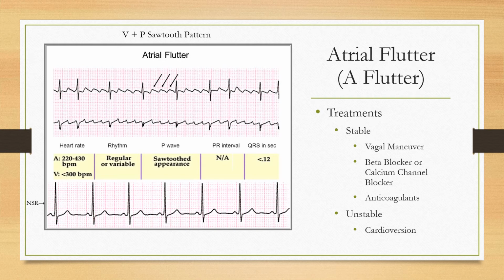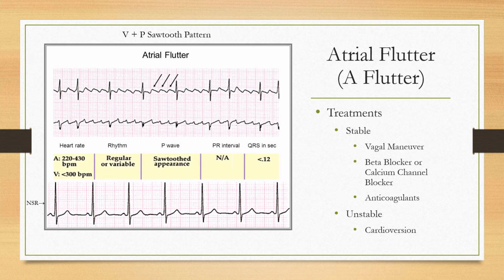So that's where you're going to see those P-like looking waves. Many of them going right across the rhythm strip. So atrial flutter is basically just a circuit of electricity that's stuck in the atrium. It's going round and round.